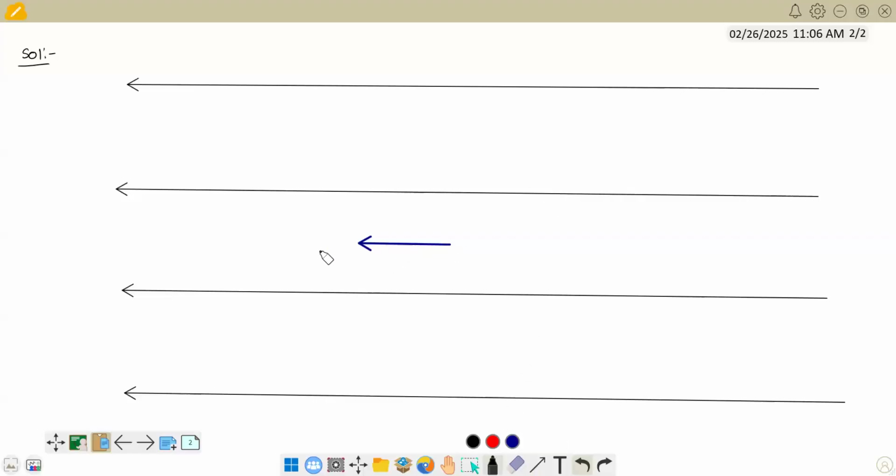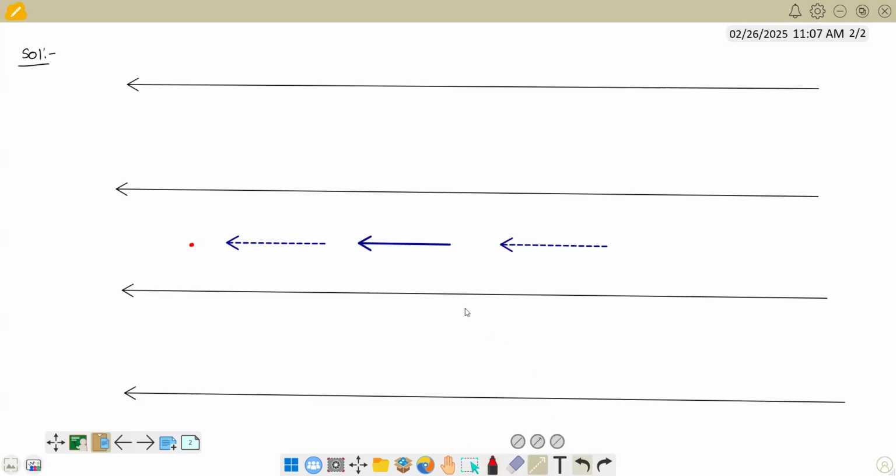When we rotate the magnet by 180 degree, the magnetic field created by our bar magnet will be along the same direction as the Earth's magnetic field on the axial line. So on the axial line, you cannot get a null point, because if I select a point P here, the magnetic field due to Earth is also towards the left and due to bar magnet is also towards the left. So both would add and we cannot get a null point.